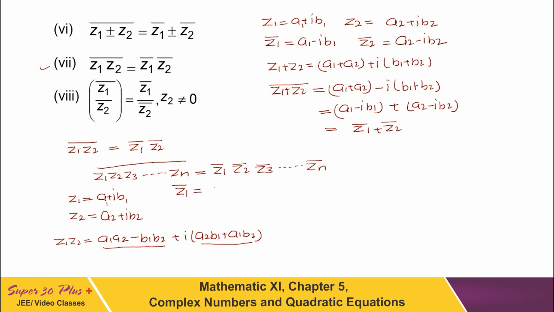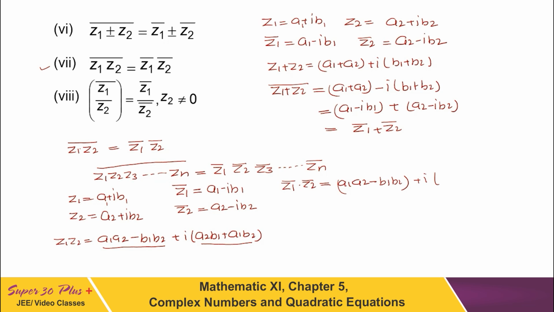It is equal to A1 minus iota B1, and Z2 conjugate, or we can say Z2 bar, is equal to A2 minus iota B2. Now multiply it, Z1 bar into Z2 bar. It is equal to A1 A2, and it is minus B1 B2, and here it is minus times minus, so we write plus iota times.